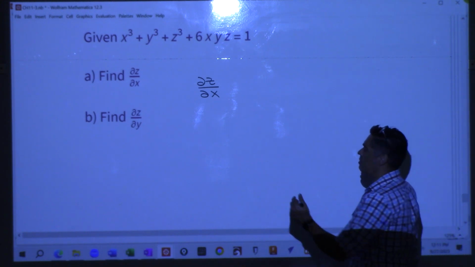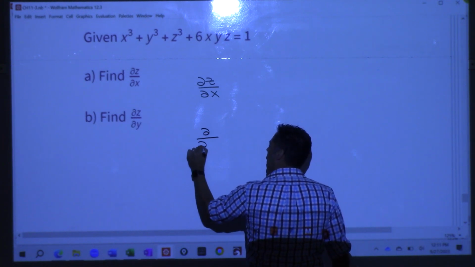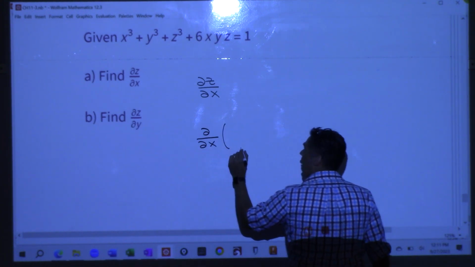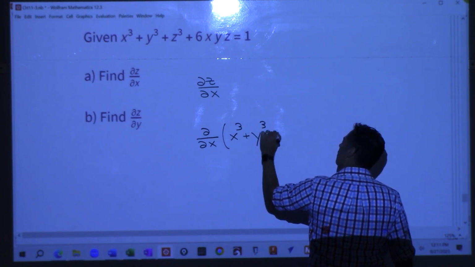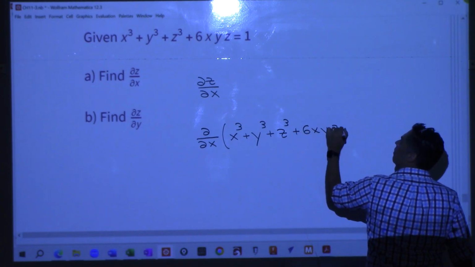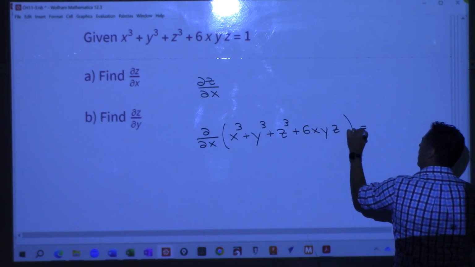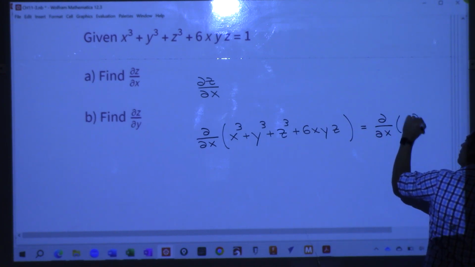So to do this, I'm going to take the partial with respect to x on the left side of the equation. See, this is just like implicit differentiation in Cal 1. And then equals, now the partial with respect to x on the right-hand side of the equation.